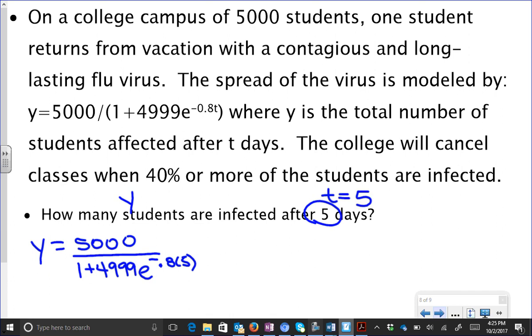Since we have more than one term in the denominator, please make sure you are putting the denominator in parentheses.